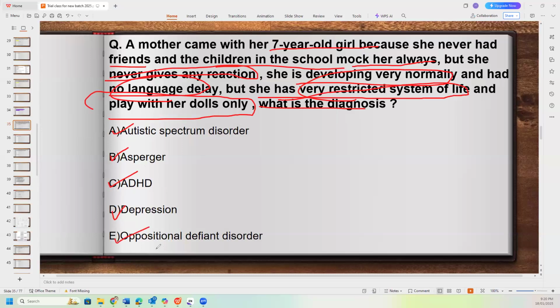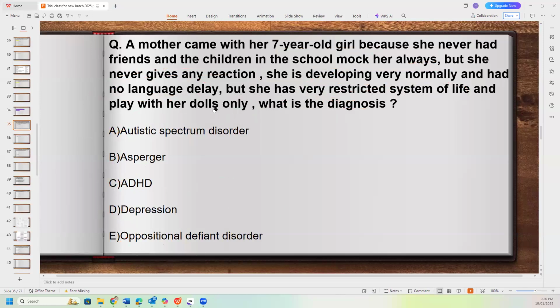Very good. So we just talked about how autistic spectrum disorder presents, and this girl is having behavior problems and social problems exhibited under the autistic spectrum disorder. So our answer here is autistic spectrum disorder. Very good. Asperger syndrome is an obsolete term, and it's one of the things that come under autistic spectrum disorder.